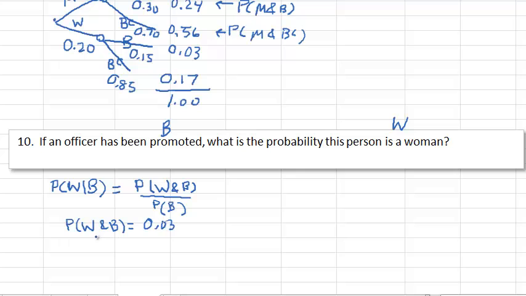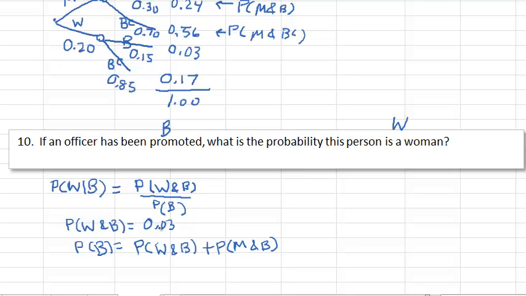Now, the probability of B, there are two ways. You could be a man and be promoted, or you could be a woman and be promoted. So you can add up these probabilities.